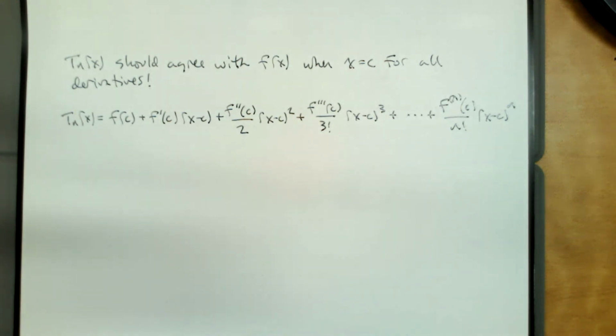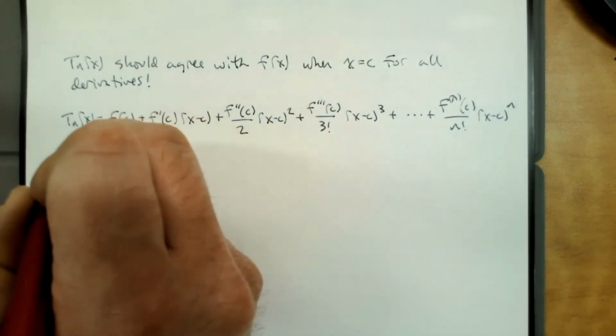Let's make sure that that happens by building T_n of x. If I plug in c into T_n, T_n of c should equal f of c, and that's what happens.